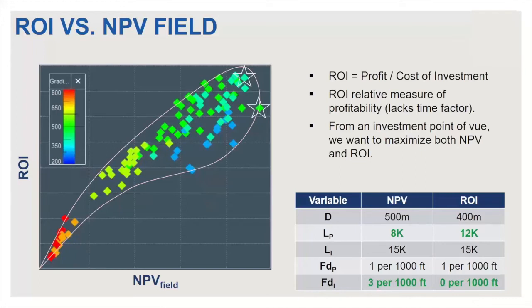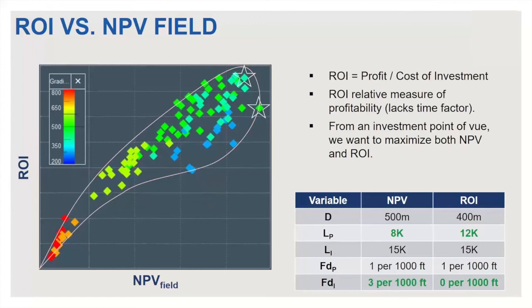And in this case that we looked at, you can see the NPV versus ROI scatter plot is quite wide. So it means that we can end up with a good NPV, but the ROI will be completely different in both cases. And we see a difference in terms of length of producer and fracture density for the injectors. If you want to maximize NPV, you would go for a shorter producer.